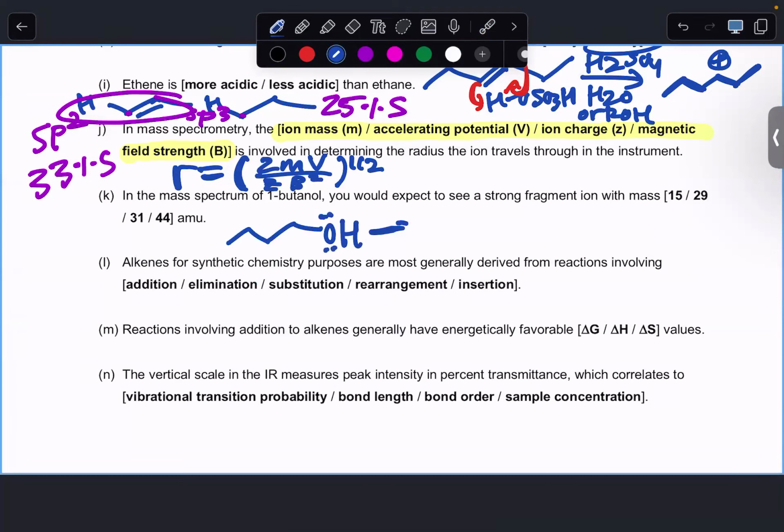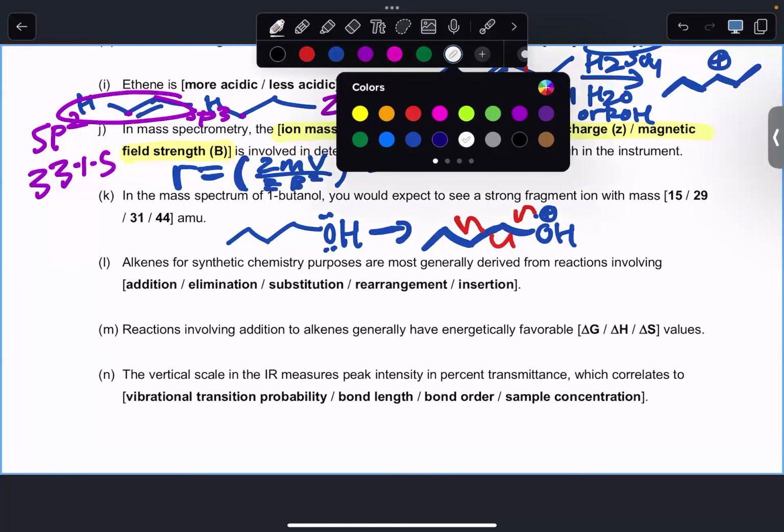The next thing we do, go to the radical cation intermediate. And then from here, we do the alpha cleavage.